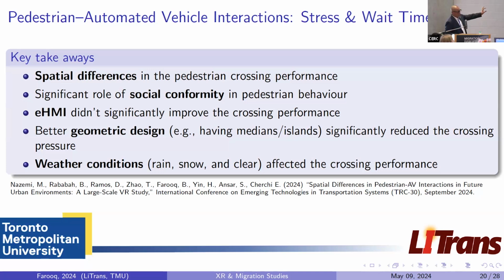One interesting thing that we found was related to social conformity. In case of social conformity, what we did was that we put in a virtual person in front of the real participant in the simulation, and that virtual person would behave in different ways. Sometimes they would be very risk-taking and try to cross the road in a hurry.